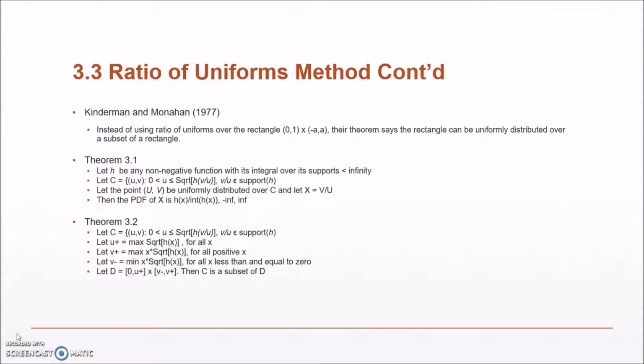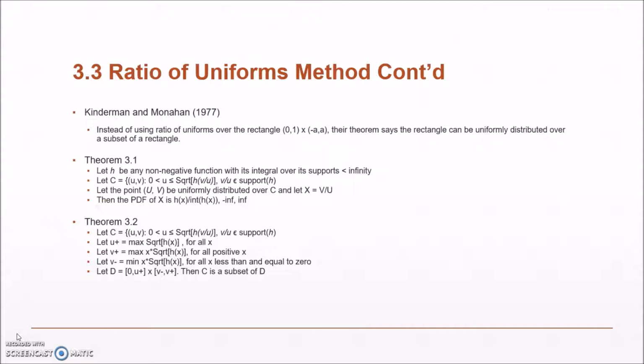In theorem 3.1, which is what's designated in our book, we have to allow for three things. We let h be any non-negative function with its integral over its support being less than infinity. Then we let c equal the set of (u, v) where u is between 0 and the square root of h of v over u, and v over u is within the support of h.